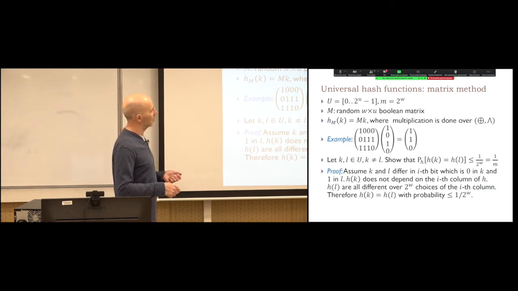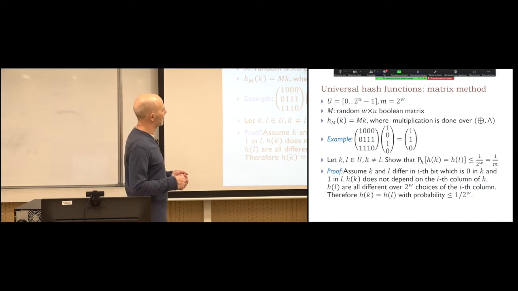Usually this is OR AND, but here it's XOR AND. So for example, if you multiply this matrix by this vector, this will be 1, 1, 0, whereas in the usual Boolean matrix multiplication, this would be 1, 1, 1. Basically the multiplication here means that we are XORing the columns corresponding to ones in the vector. So in this example, we are XORing the first and the third columns.